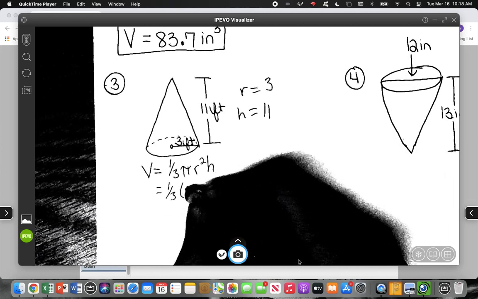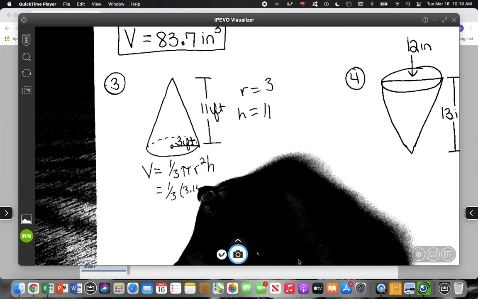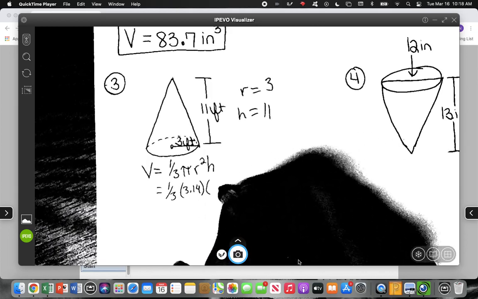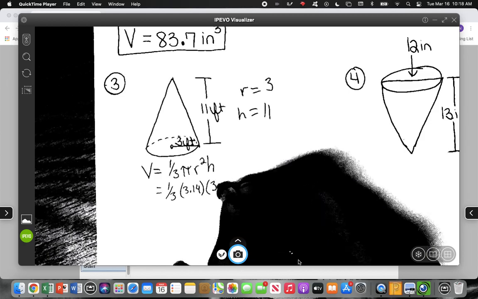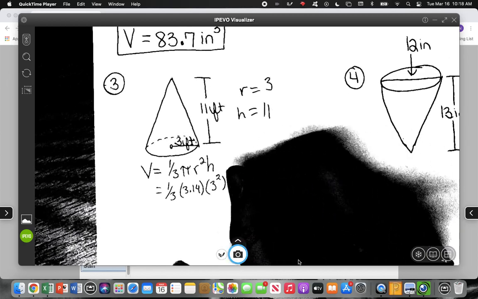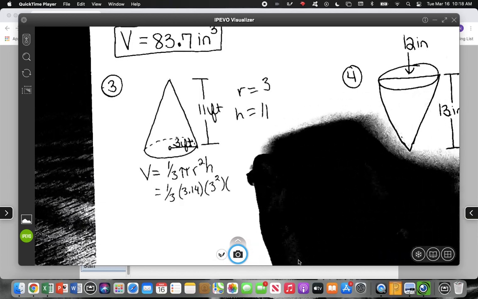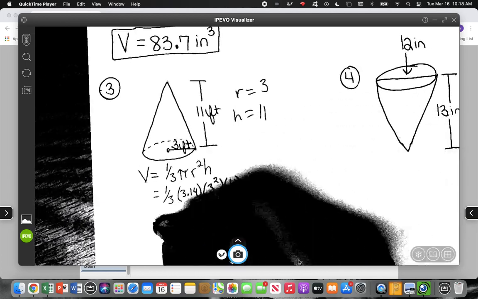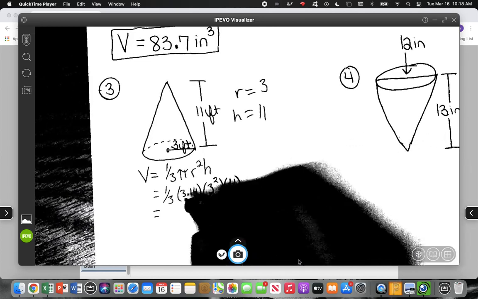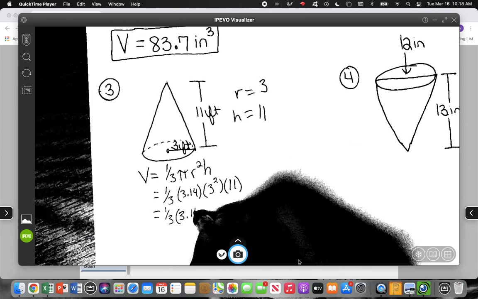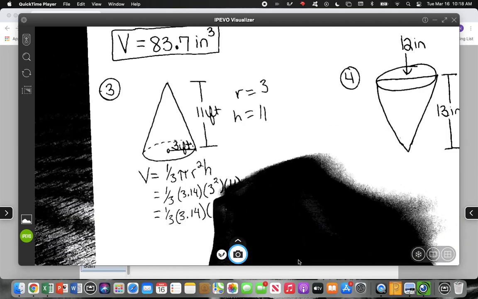All right, I'm going to use 3.14 for pi. What am I plugging in for r? 3 squared, and that's right, that's 9. What about h? 11. All right, so with the order of operations, we're going to do that exponent first, and that was 9. That's right.